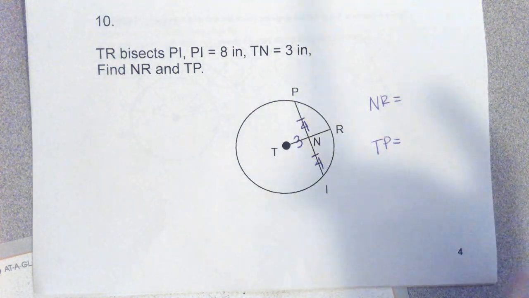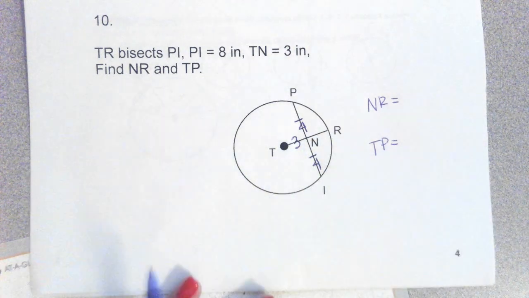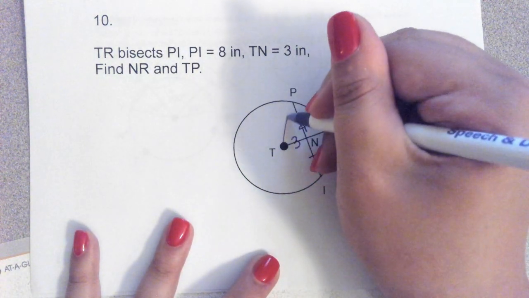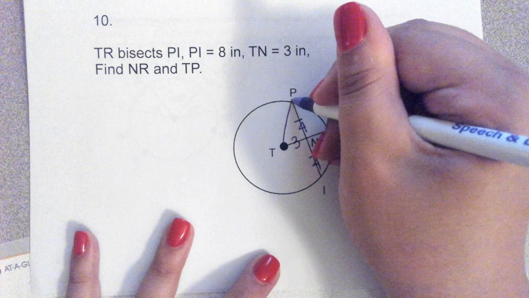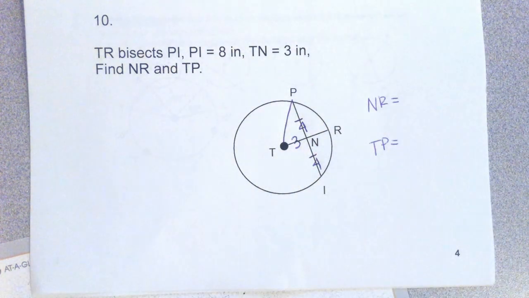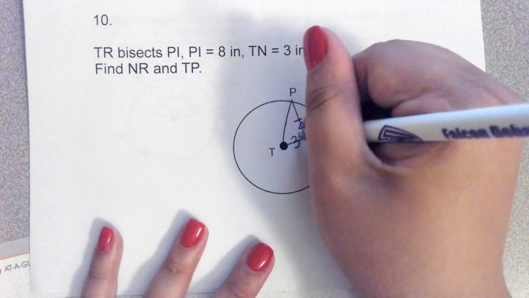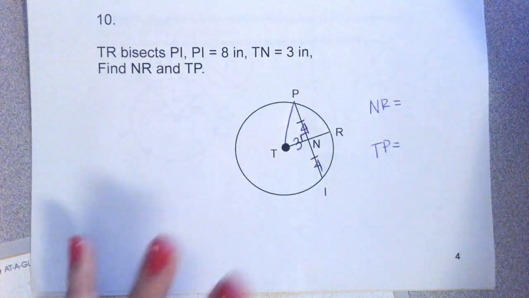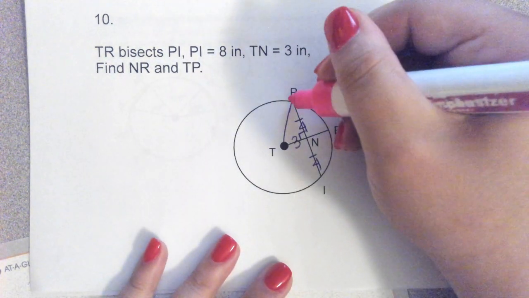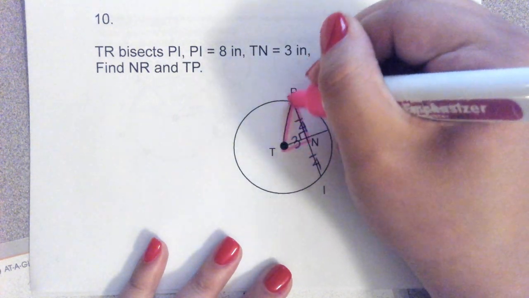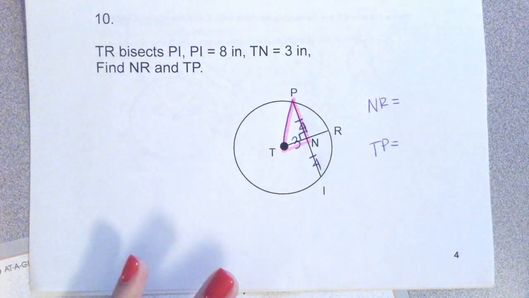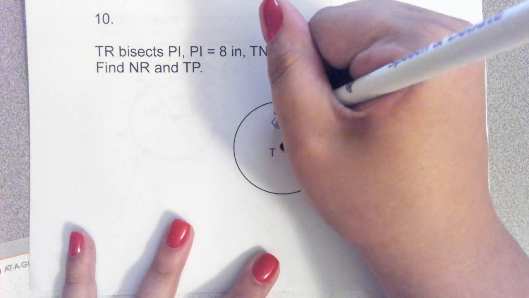So, NR is right here. That one's going to be a little bit more difficult. But TP, what do I have? Well, because they bisect, I know that this is perpendicular. So now that I have a right triangle, oh look, and I have 3 and 4, what is TP? TP is 5.